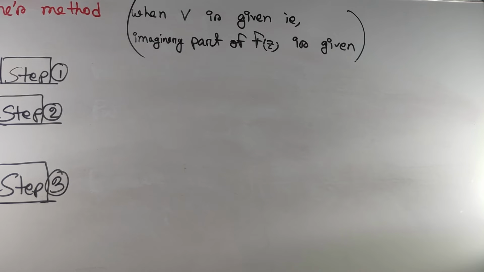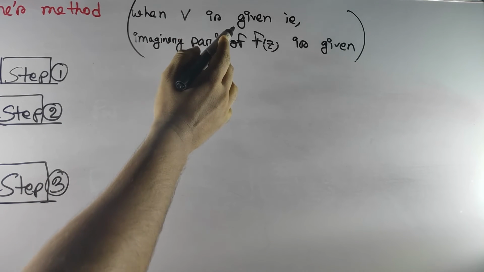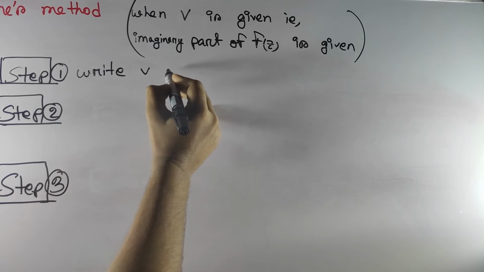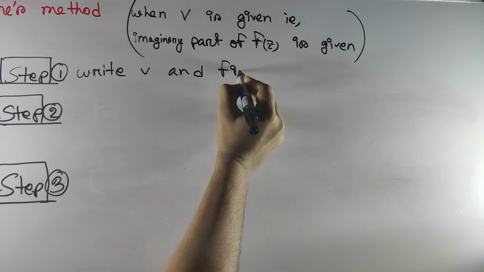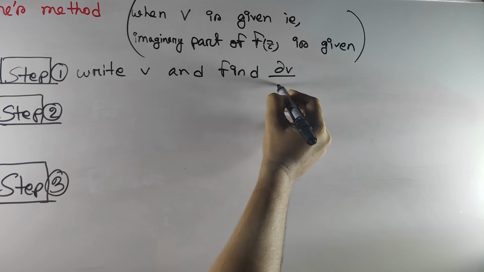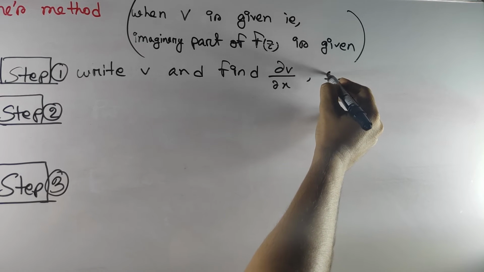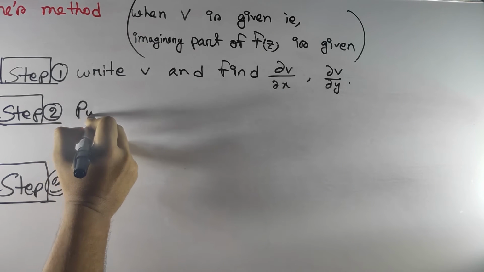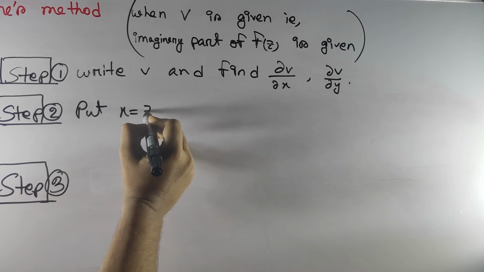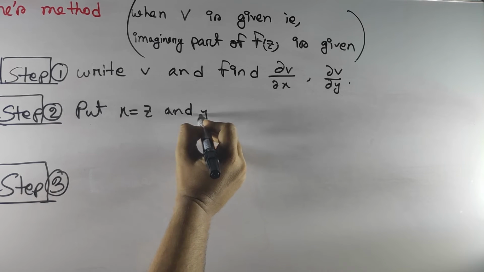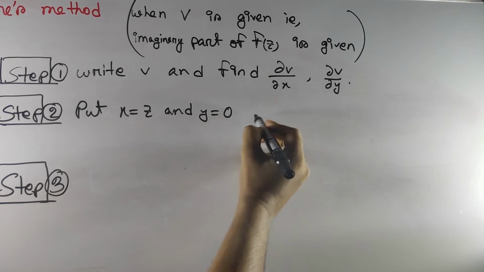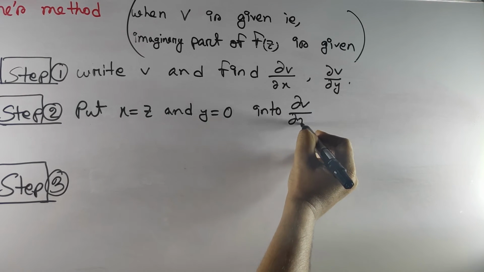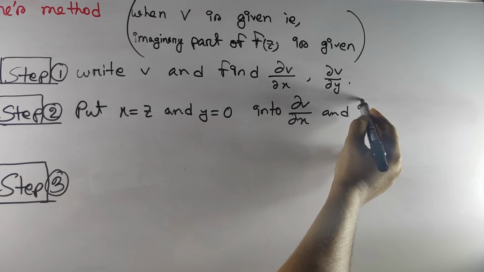Now step 1, when v is given, write v and find del v del x and del v del y, and substitute x equal z and y equal 0 into these two.